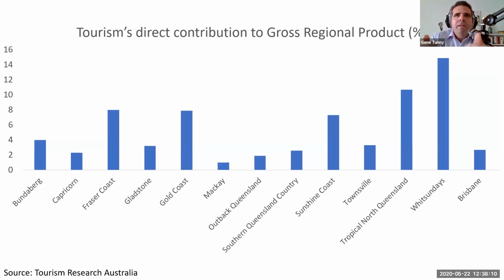What we're seeing is that the impact is going to be, well, it is much greater, and it's going to be concentrated, it's going to be excessive in those regions which are highly dependent on tourism. And we see that the extent to which regions are dependent on tourism differs starkly across Queensland, with Whitsundays, tropical North Queensland, so that's the area north of Townsville, far North Queensland, Sunshine Coast, Gold Coast, Fraser Coast, very dependent upon tourism.